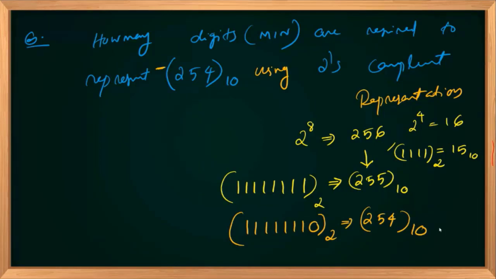And Aravind is saying that 7 is the answer. If it is 7, how will you represent minus 254 using two's complement representation? 7 digits. What is the pattern of minus 254 decimal in two's complement representation?